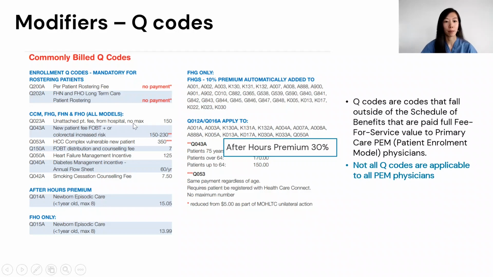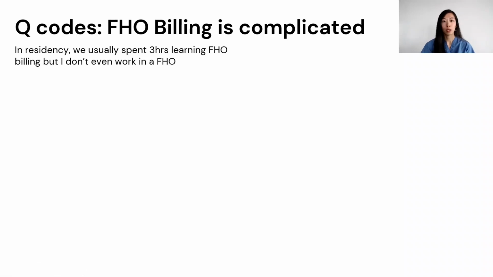For example, if you have a patient coming in from Health Care Connect, which is like a doctor finding service for patients without doctors, sometimes if the patient is really complex, they might have a Q053 on that referral, which gives you an additional $350, for instance. The other thing about Q codes is that on that previous slide, those actually aren't all the Q codes that exist.